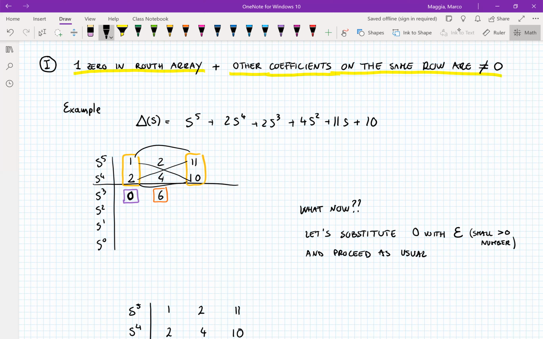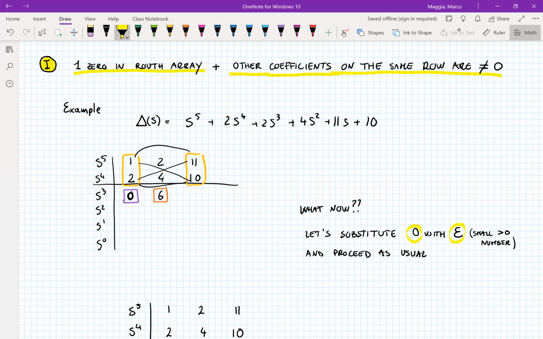Case number 2 would be simply when all the elements of a row are equal to 0. So this special case that I named with first or 1 really refers to when we have a 0 in the first column, but then non-zero elements in the other columns for a specific row. So now the trick is we'll substitute 0 with epsilon, usually referring to a very small number.